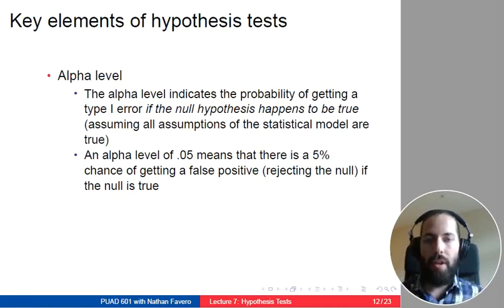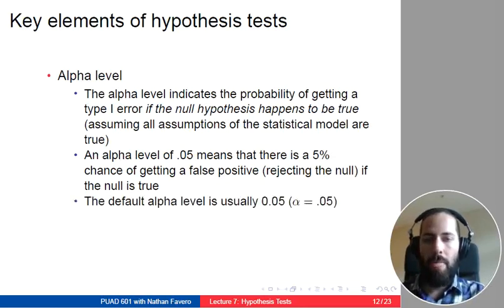So an alpha level of 0.05 means that there's a 5% chance of getting a false positive if the null is true. And the default alpha level usually is 0.05. So at this point, you don't have to think for this class too much about how you're going to pick an alpha level. You can just use 0.05 because that's typically what social scientists use.